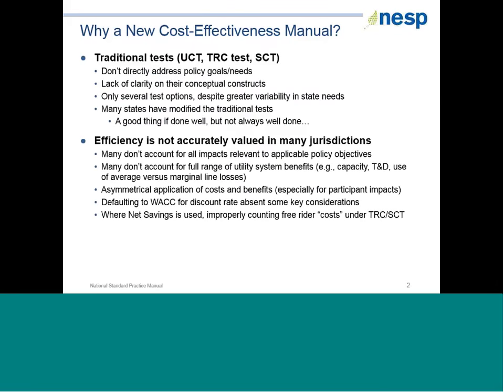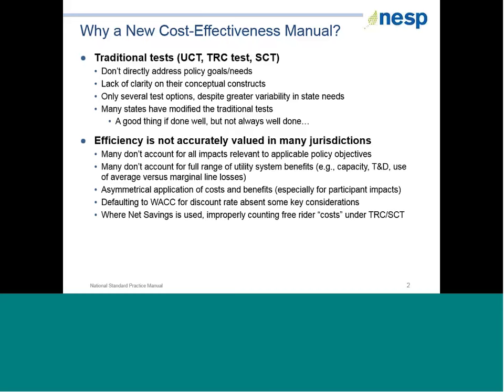And when I say we, I'm referring to several authors and the project funders, which I'll get to in a minute. But we've experienced across the country that in a lot of jurisdictions, efficiency is not valued accurately. Many don't account for all impacts, especially those that are relative to policy objectives.